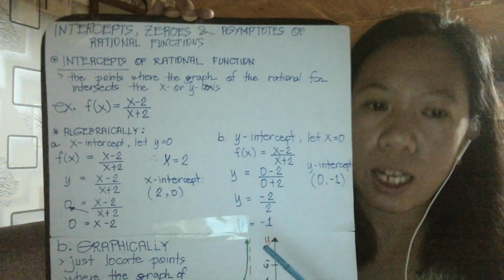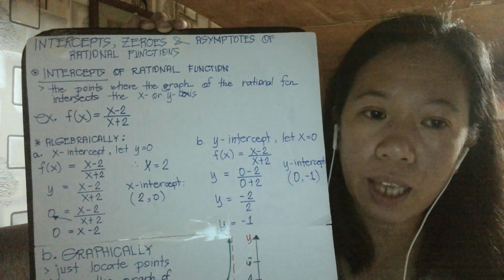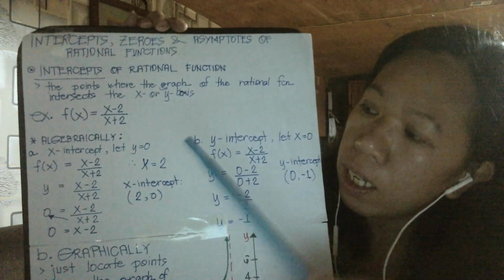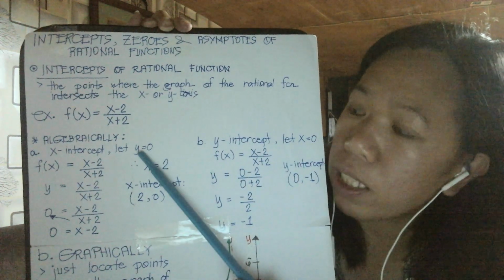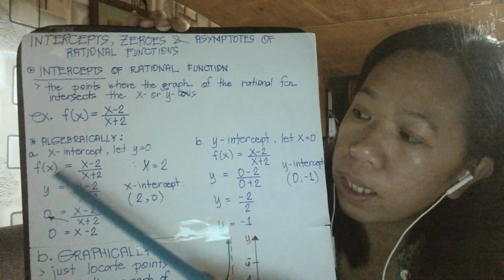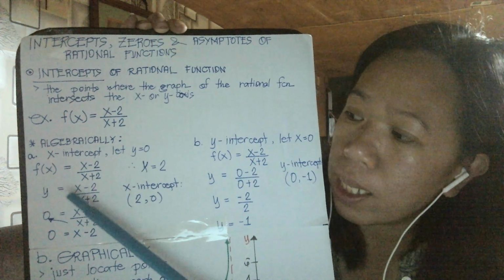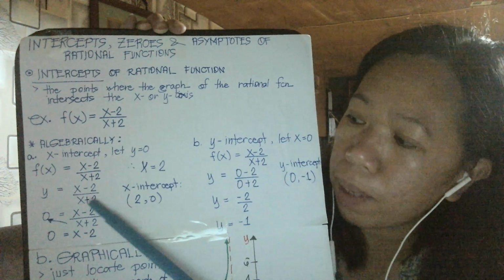So in the first method, we find the x-intercept by letting y be equal to 0, and you know that f of x is the same as y, so you can also have y equals x minus 2 over x plus 2.